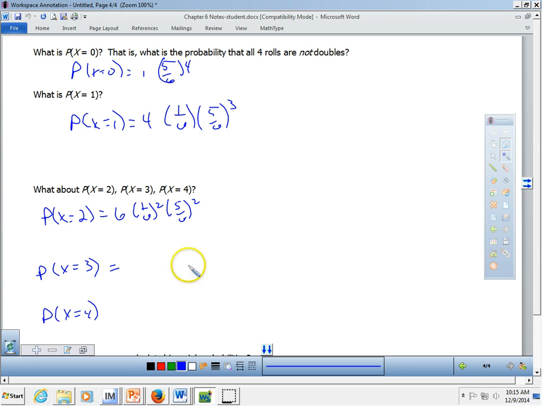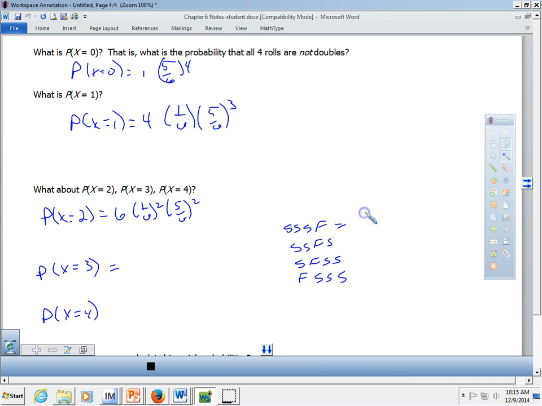How about if I get 3 doubles? Well, I can get double, double, double, not double, or double, double, not double, double, or double, not double, double, double, or not double, double, double, double. 4 possible outcomes. What's the probability of each? Well, now I've got 3 successes, so it's going to be 1/6 to the 3rd power times your failure, which is 5/6.